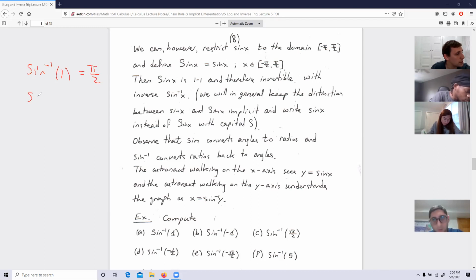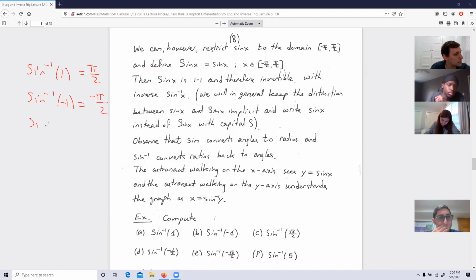Please tell me what is sine inverse of minus 1. Good, it's beginning to be fast. Come on, guys, 26 people here. Yes, minus pi over 2, very good.